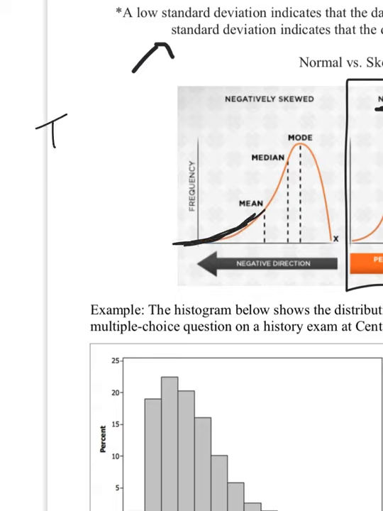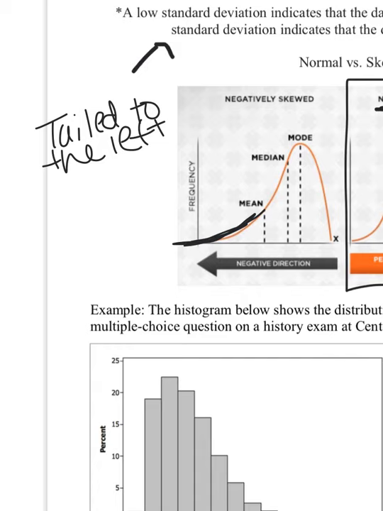This is tailed to the left. The tail goes off to the left. If it's a tail to the left, it's a negative skew, which is what we have up here. A negative skew is tailed to the left. Whenever your data is skewed, the mean is going to go towards the tail.